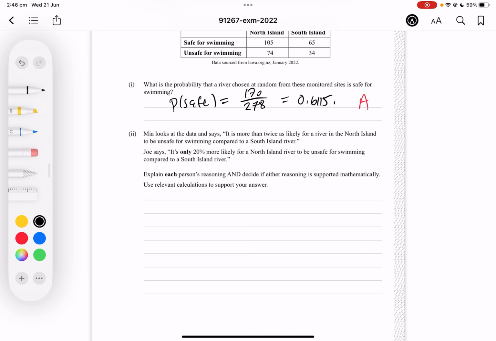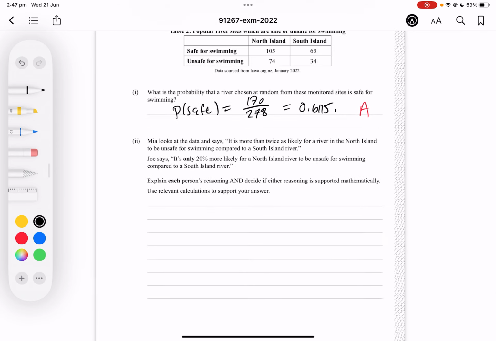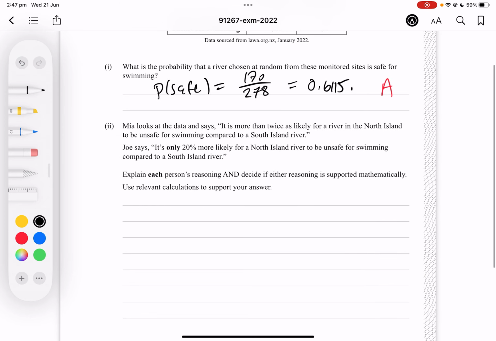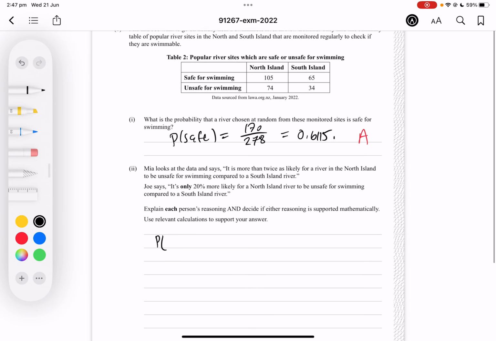This is just screaming out to be a relative risk calculation. So we're going to be calculating the probability that a river is unsafe given it's in the North Island, and comparing this to the probability that a river is unsafe given that it's a South Island river. So we're going to look at the probability that it is unsafe given that it's a North Island river.